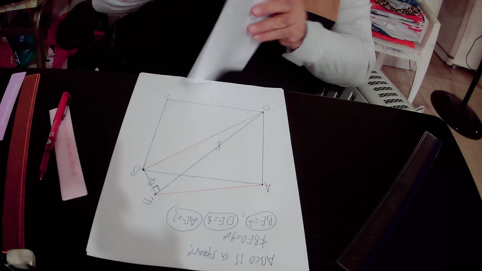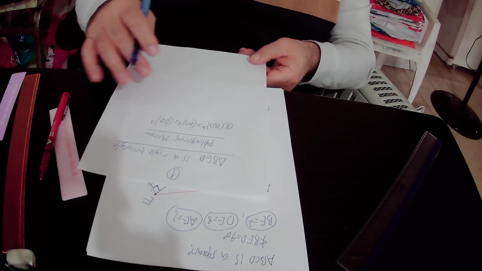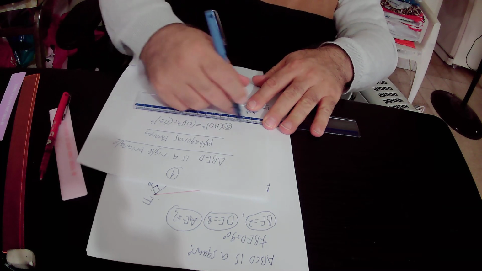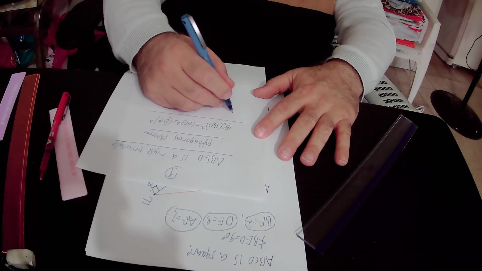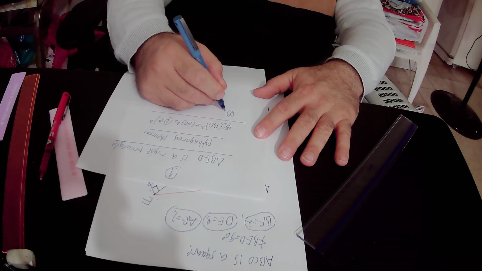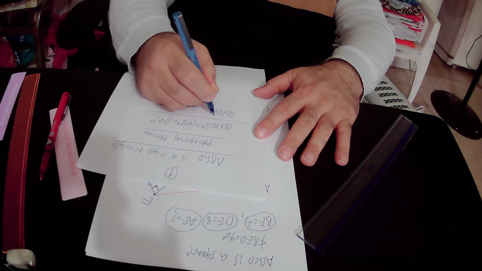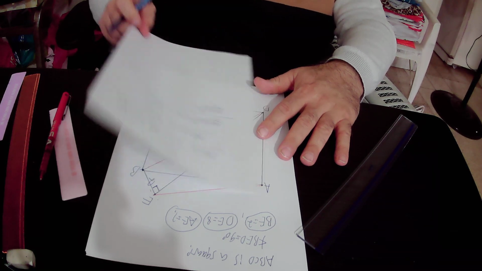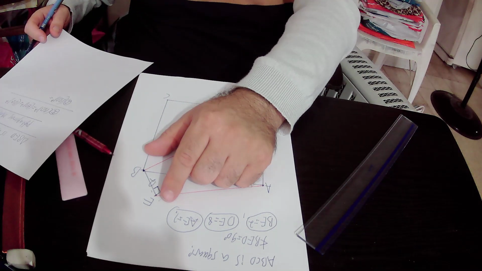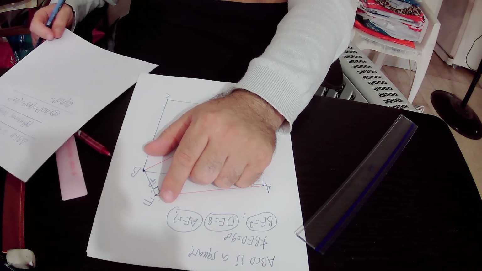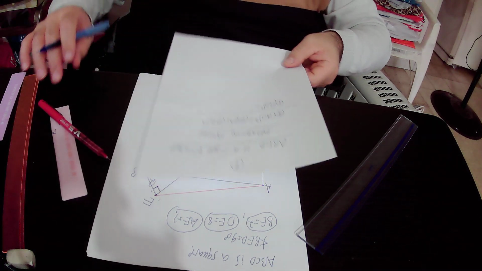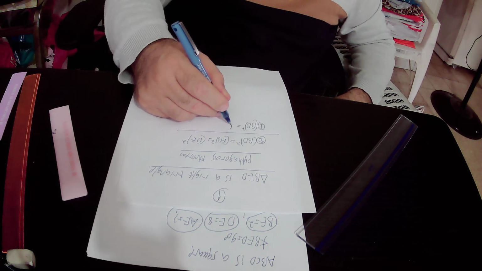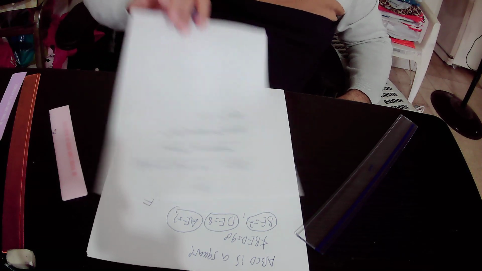Okay, so BD square equals EB square. EB equals 2 units, therefore EB square is 2 square, which is 4, plus DE square.